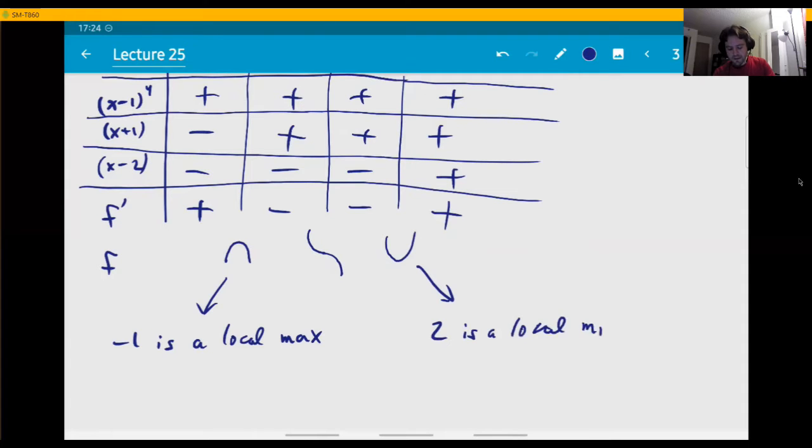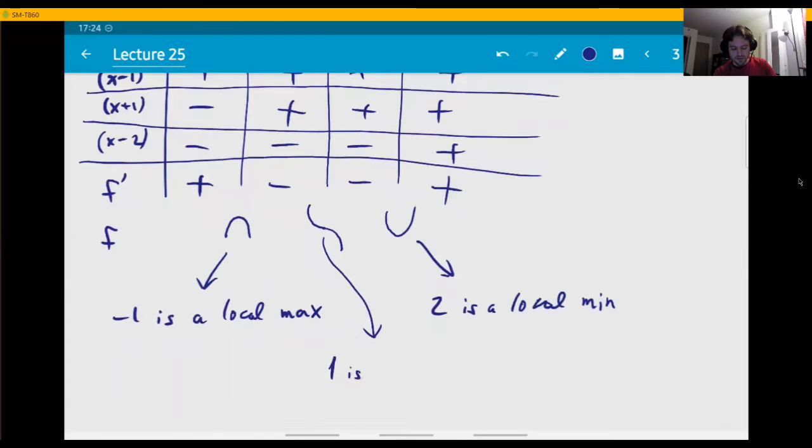Local min, because this is shaped like a valley around that point. But here, the number 1 is neither local min or max. The function is not attaining a locally largest or smallest possible value around that point. It just keeps going down through it.